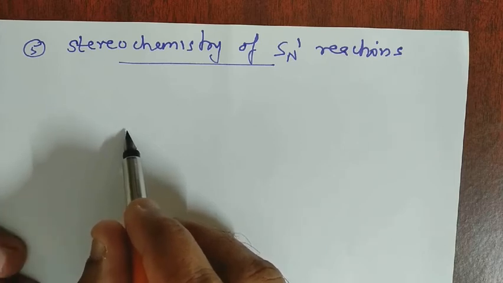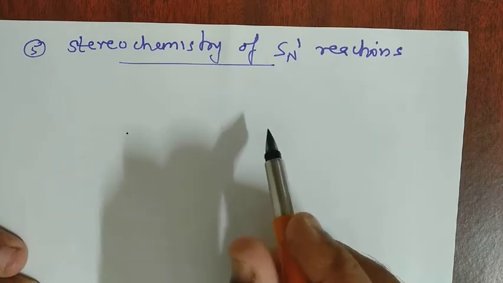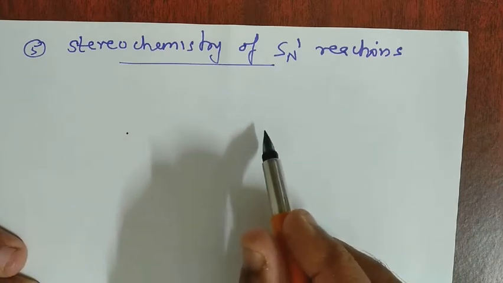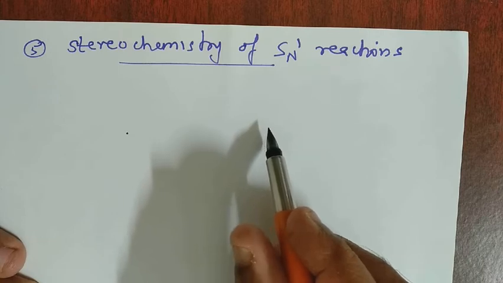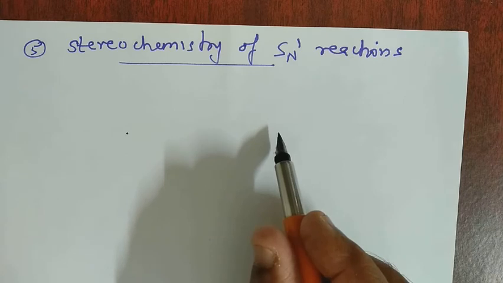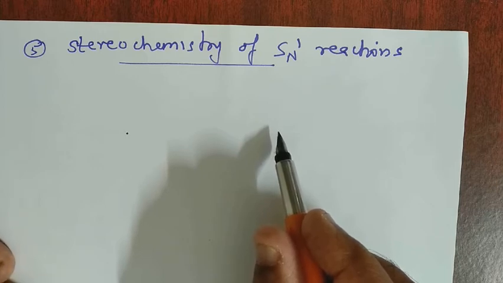But experimentally it is found that the concentration of product having the opposite configuration to that of the reactant is slightly in excess of the product having the same configuration as that of the reactant. Hence, it is more accurate to say that only partial racemization takes place during SN1 reactions.